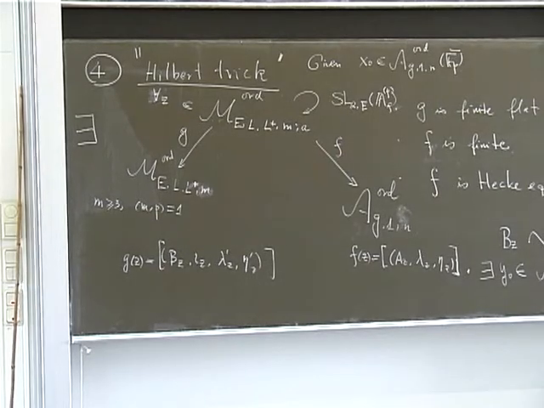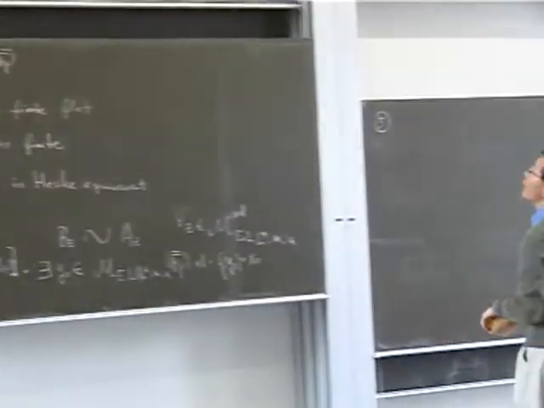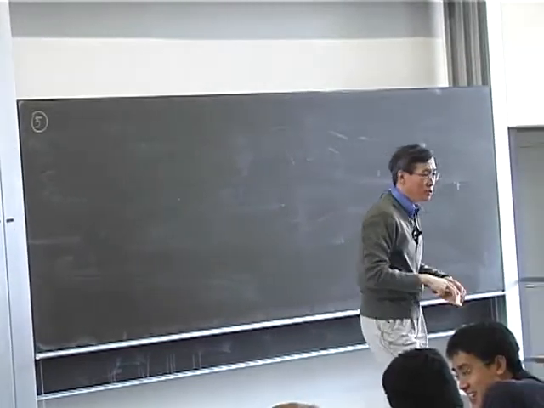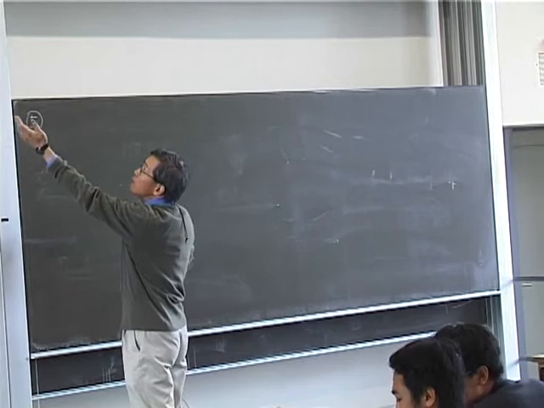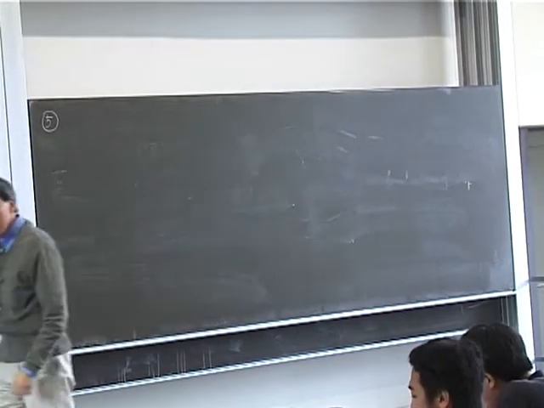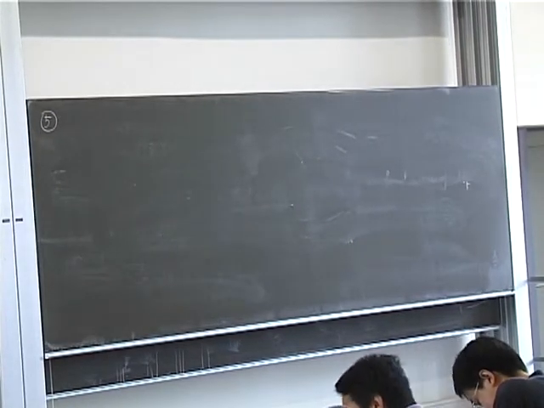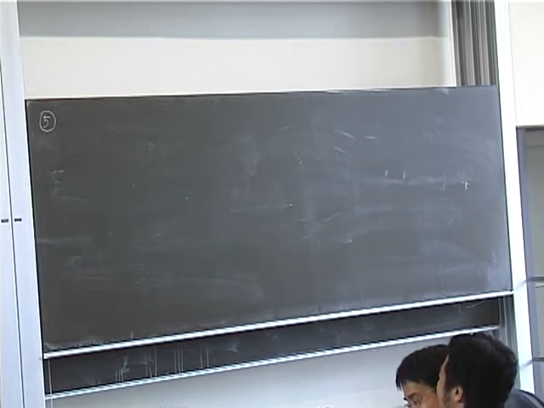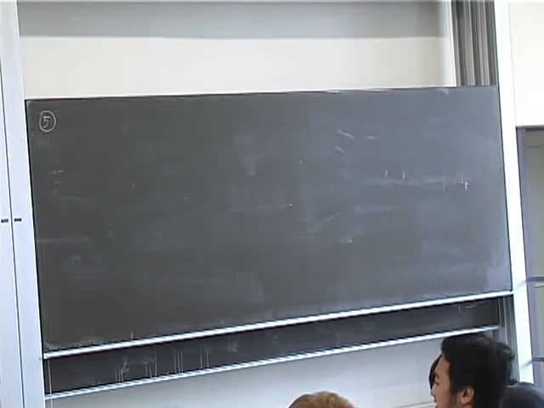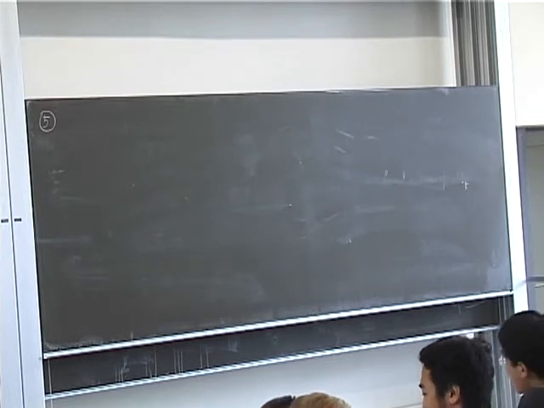Okay, now we're down to 5. 5 sounds strange. So what does 5 mean? Here the point is, if you look at the Hilbert modular variety, there are lots of points that I can almost just pick randomly. This is a whole modular variety. What's a point I can pick?